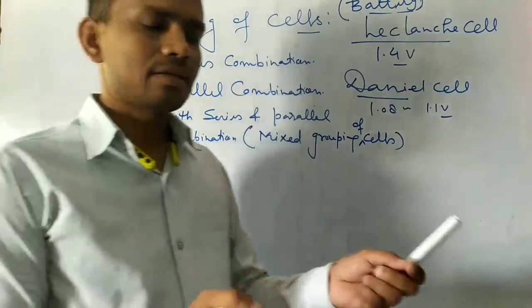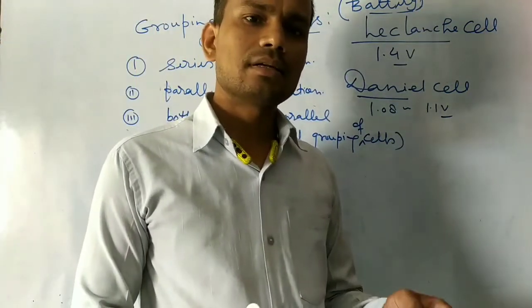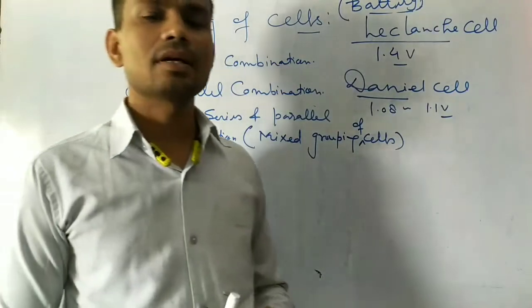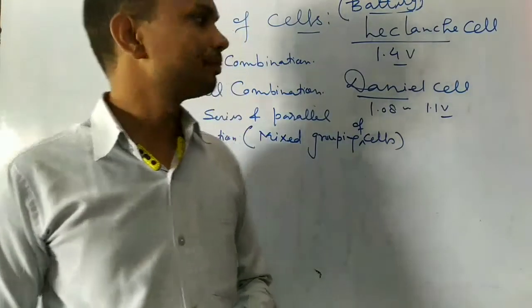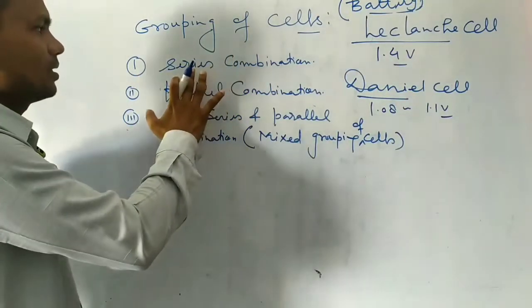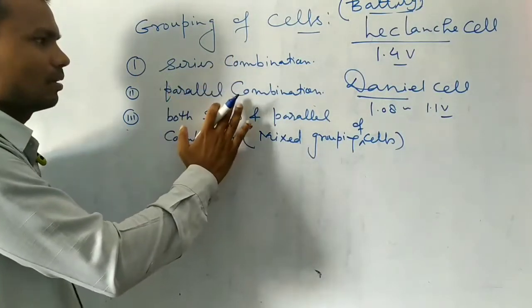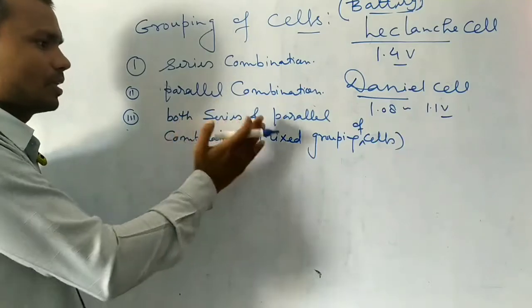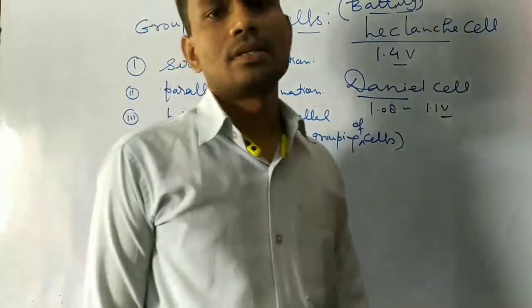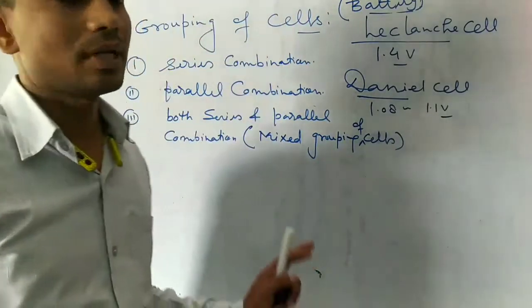In these we use combinations of cells to make batteries of different EMFs, right? So we have series combination, parallel combination, and both together, known as mixed grouping of cells. One by one we are going to discuss.